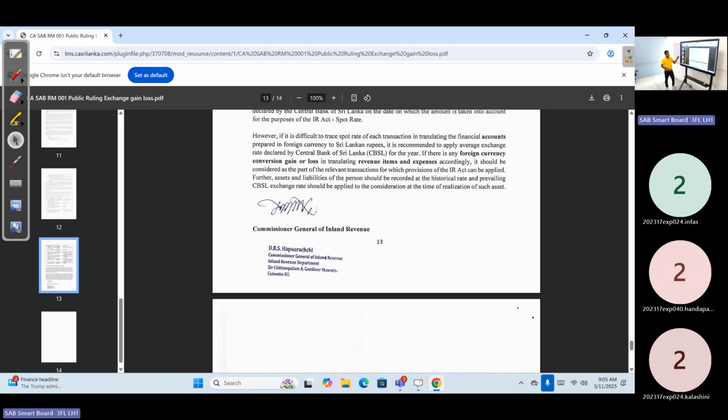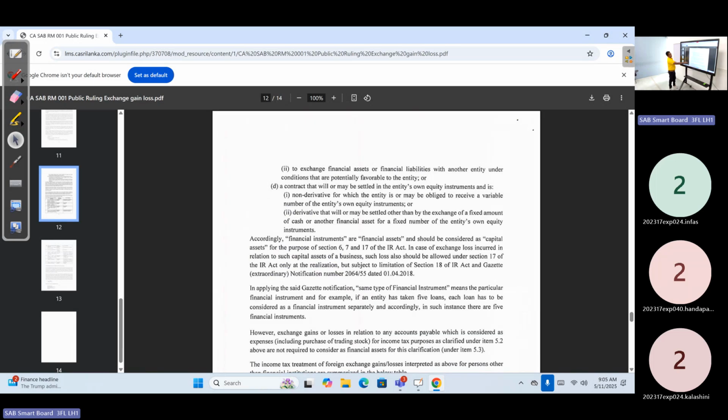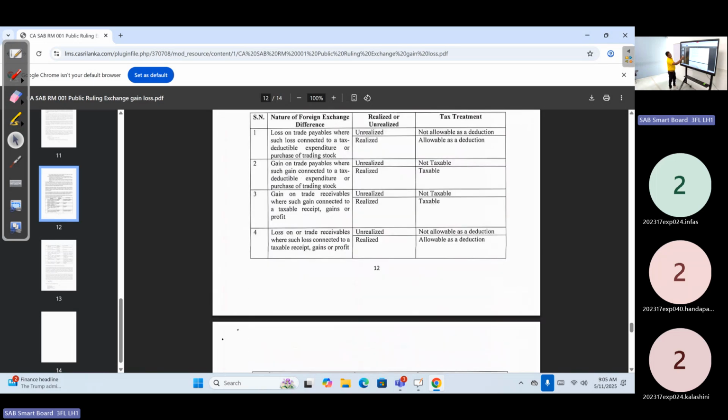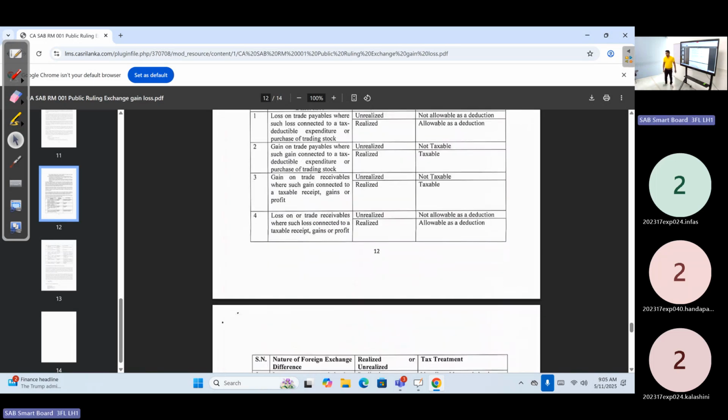Yeah, and the important part here is this one. The other things are from this table, right? You can analyze it. They have put it in detail, but simply we have to consider, in case of the transaction, whether it is realized or unrealized.